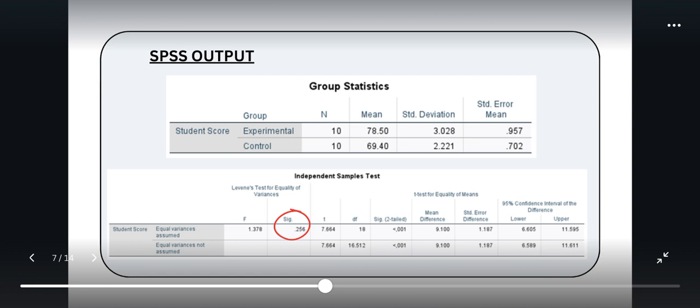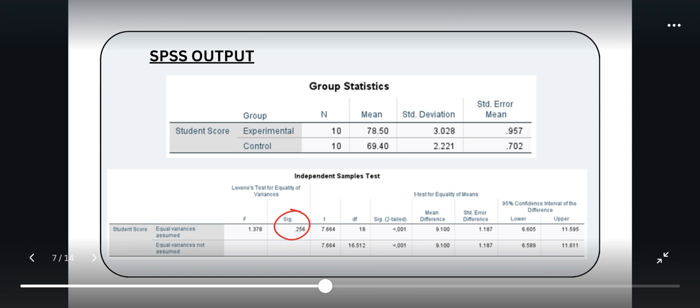And then, as we can see here, the mean difference is 9.100. This means that students taught using picture series score approximately 9 points higher than students taught using the conventional method.